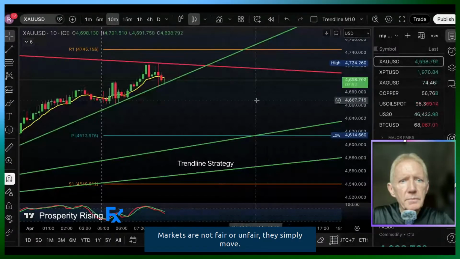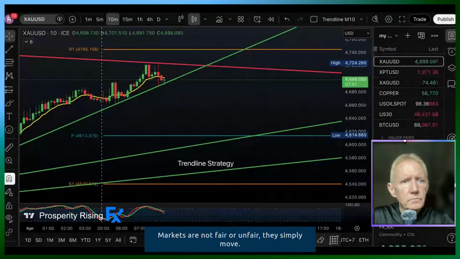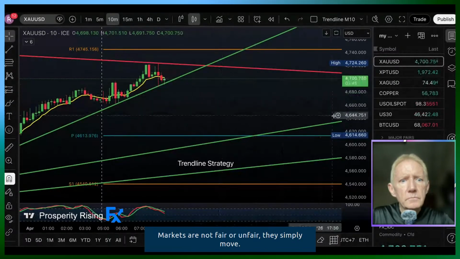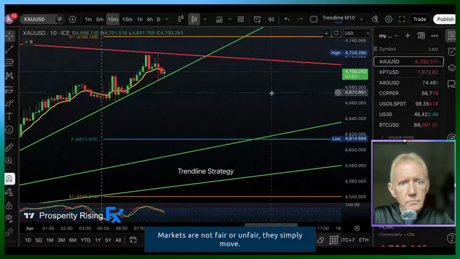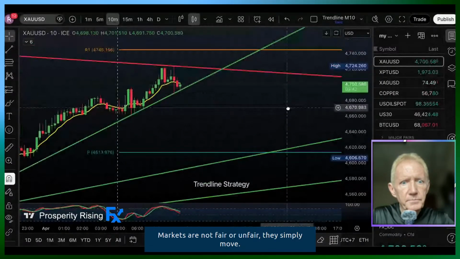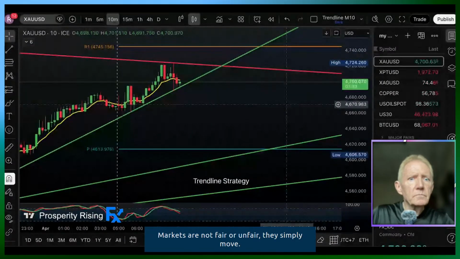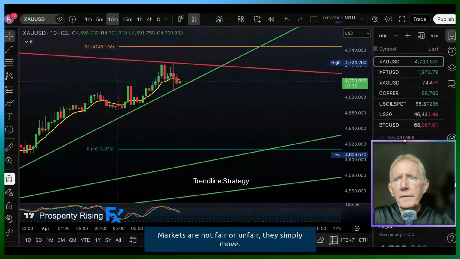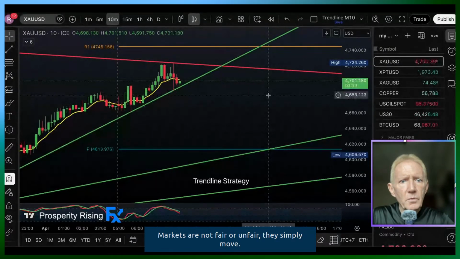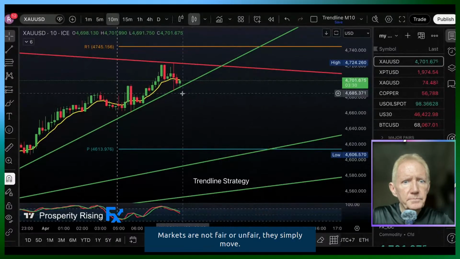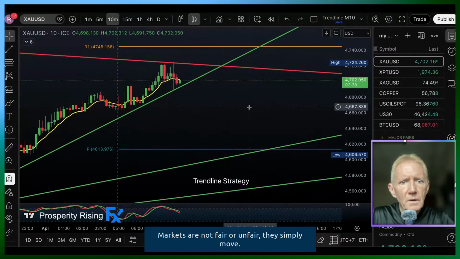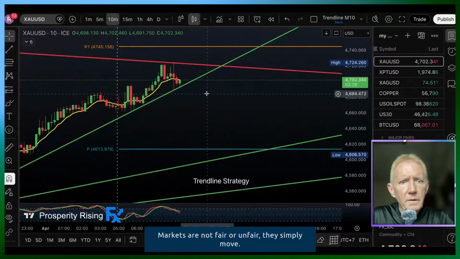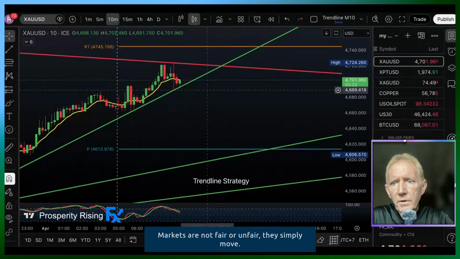I'm just thinking out loud here. Make that a little bit bigger. And that is almost our 8:30 candle. Tell you what, guys, 46.89.